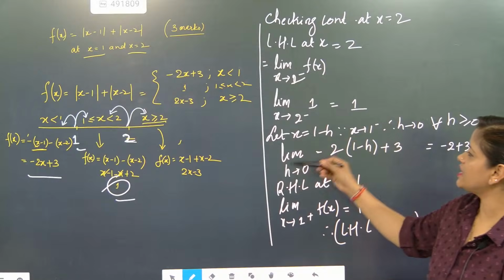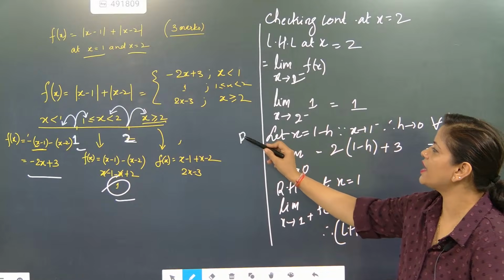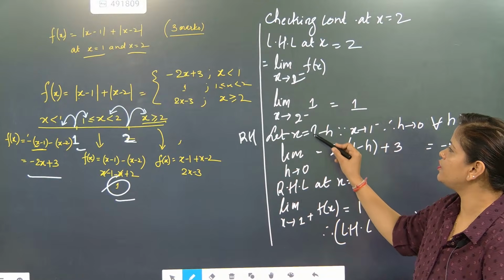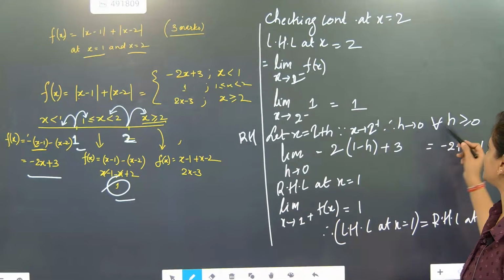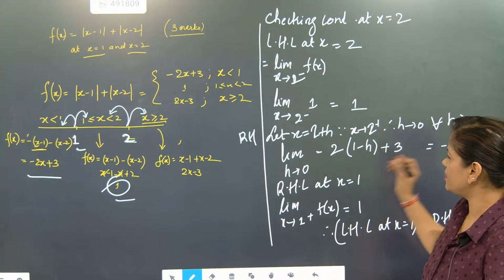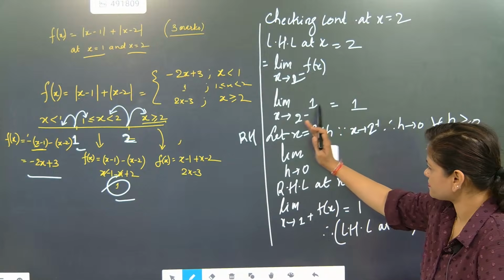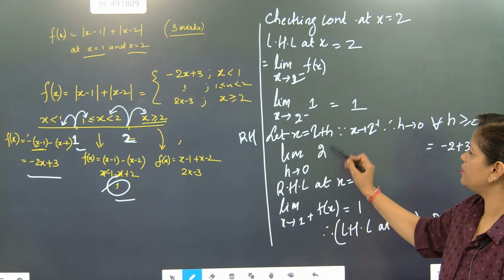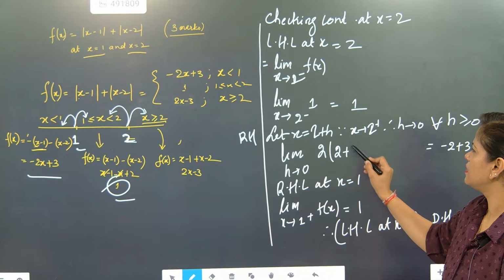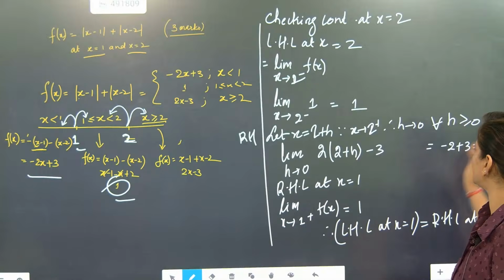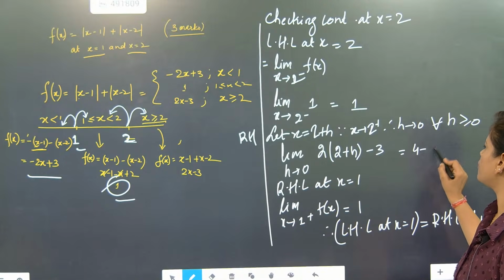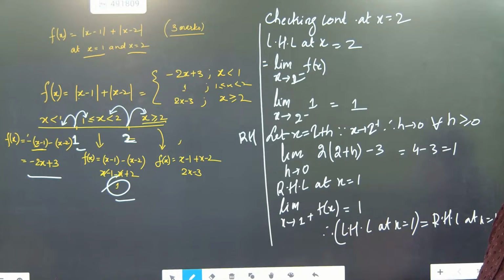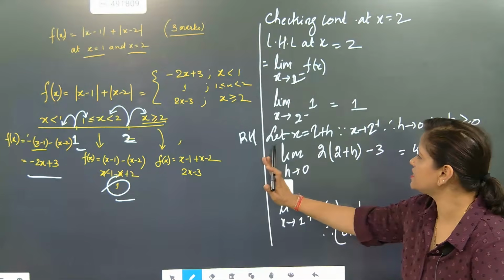And for RHL, this part is coming for RHL, so x will be equal to 2 plus h. So x tends to 2 plus, h tends to 0. So here h will be 0, here it will become 2 plus h minus 3. Boss, the moment h becomes 0, 4 minus 3, it is coming as 1. This is RHL.